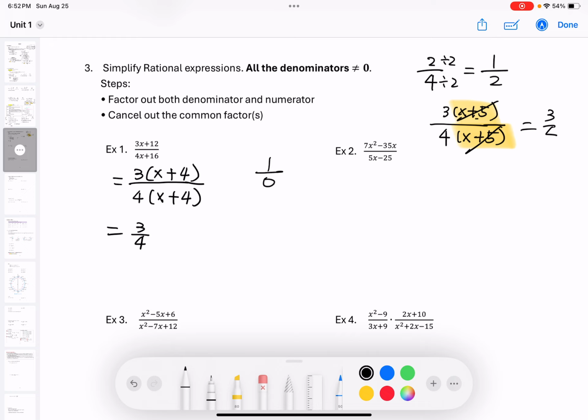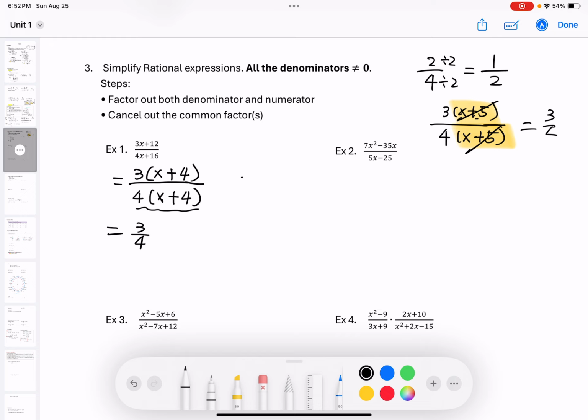And then let's also think about this. If I have something on the top and the denominator, the bottom, is 0, we say this form is undefined because the bottom can never be 0. And in my solution here, yes, we don't have a 0. But when I was solving this question, yes, I had a denominator.